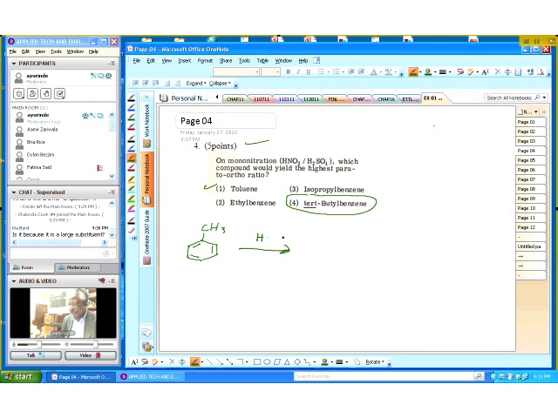If we do nitration, we know that will give us a nitro, so we are going to get 2 products.